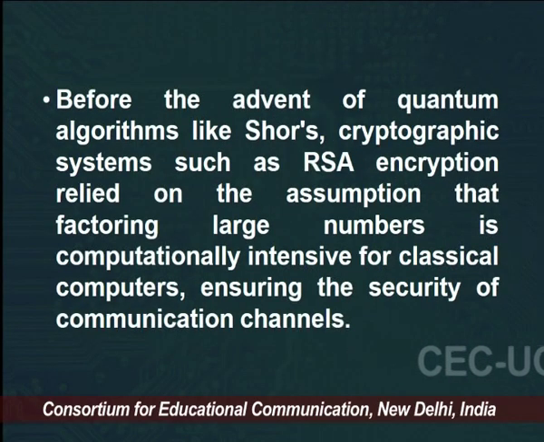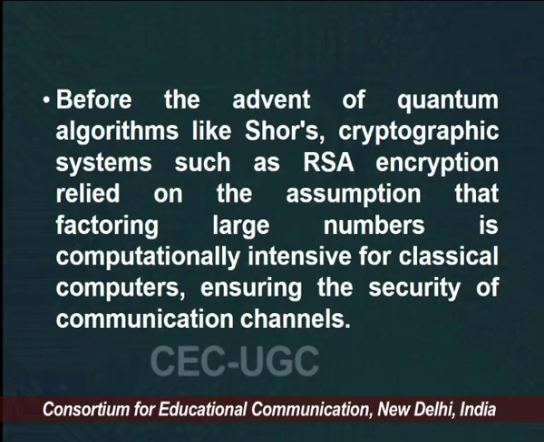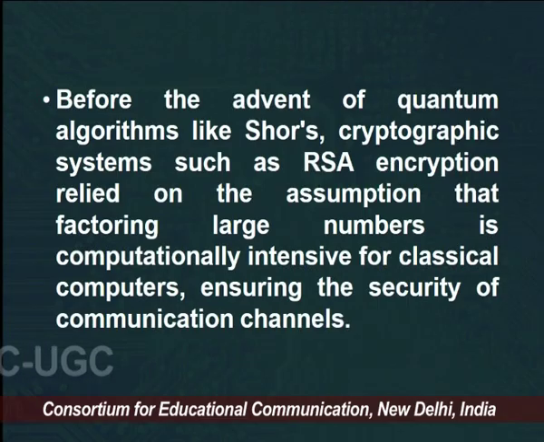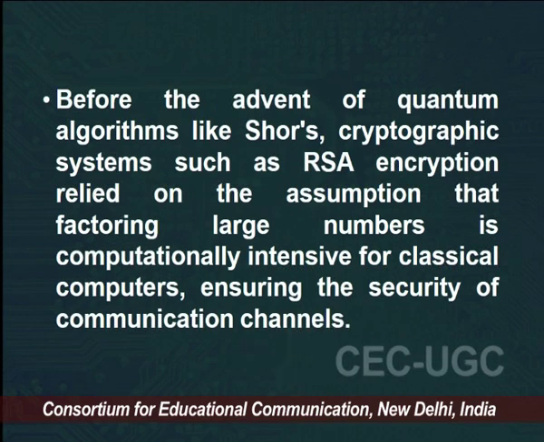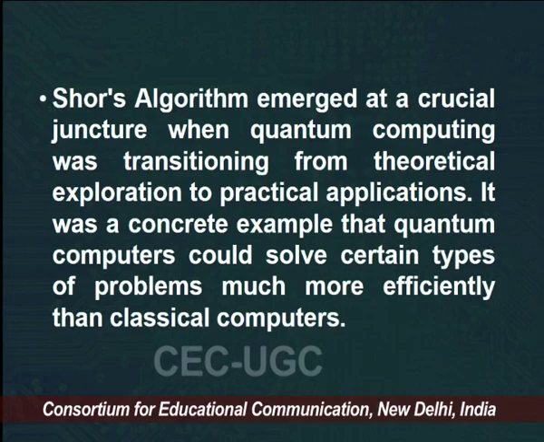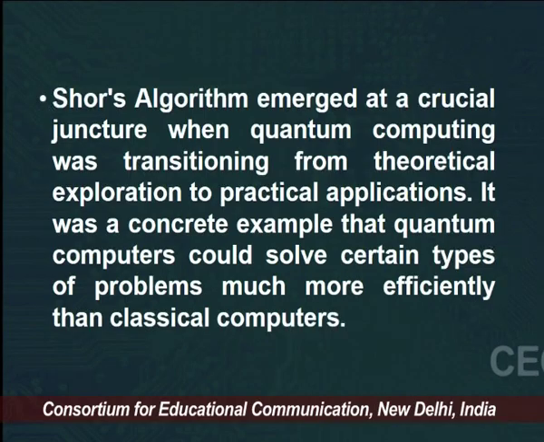Before the advent of quantum algorithms like Shor, cryptographic systems such as RSA encryption relied on the assumption that factoring large numbers is computationally intensive for classical computing. So, we use the Shor algorithm for a large amount of data, and moreover we ensure the security of the communication channel. We factorize the data as well as secure that data.